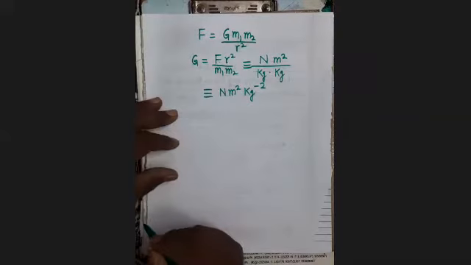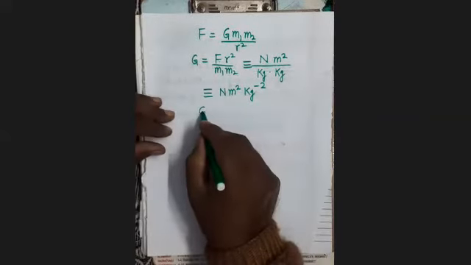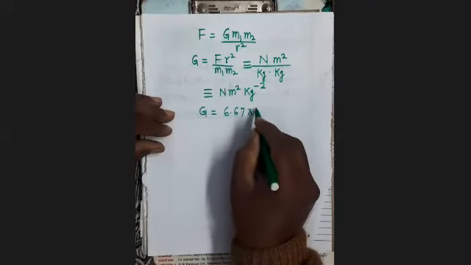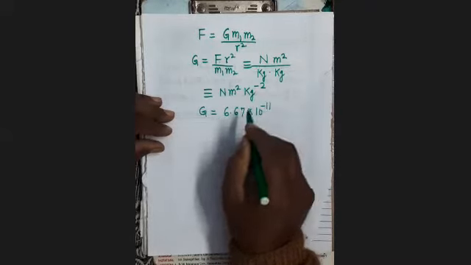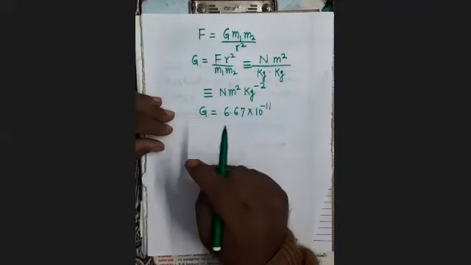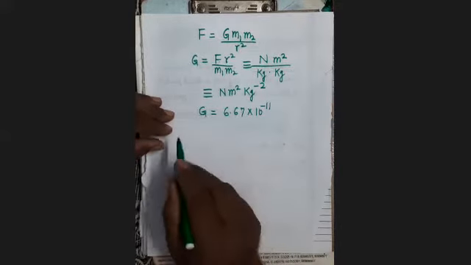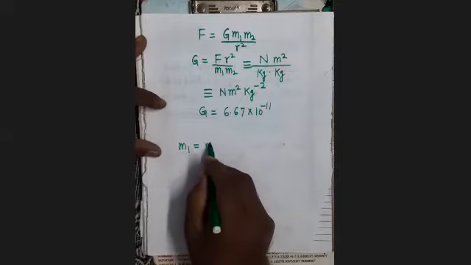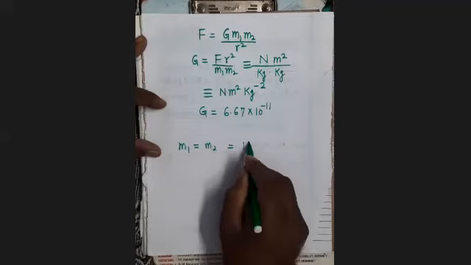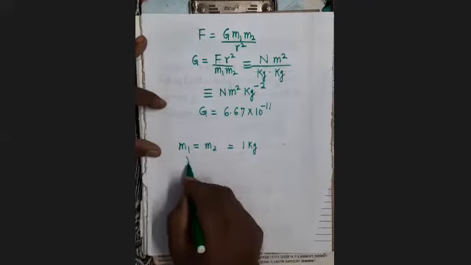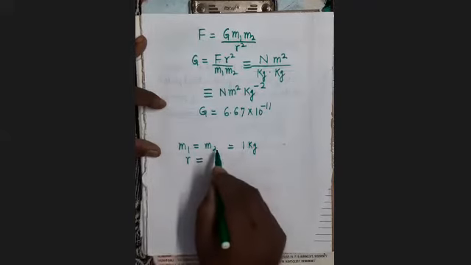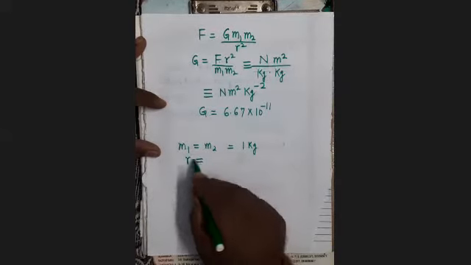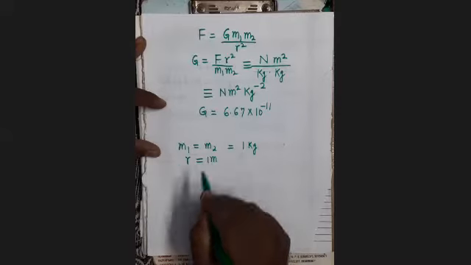Now, what is the value of G? So the value of G is 6.67 into 10 to the power minus 11. It has been found experimentally. If we take two masses, M1 equals M2, whose value is equal to 1 kg, and suppose they are situated and these are point masses, mass is concentrated at one point, R equals 1 meter.